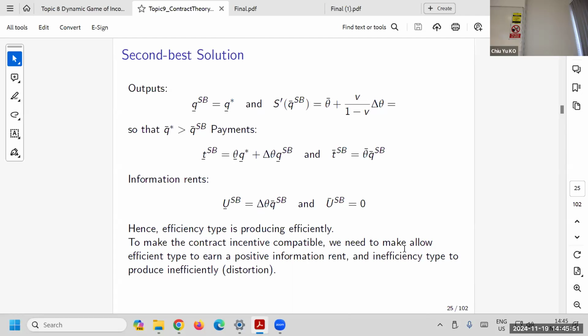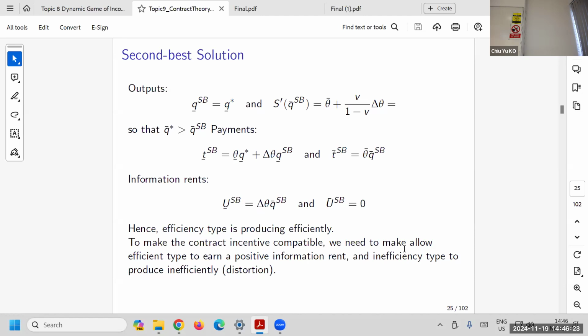The low cost type gets a positive rent, and the rent is proportional to delta theta, right? And that's because the principal doesn't know the agent type. The further apart they are, the more the low type is going to gain, right? Because in order to make the low type produce efficiently, you have to give him some rent, because he has some information advantage.